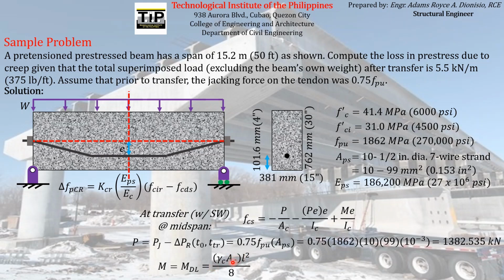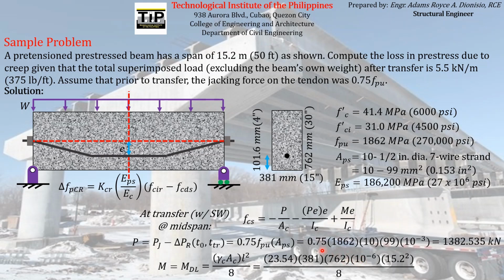So with that, substituting the corresponding values, L is given 15.2 meters. Unit weight of concrete, as we all know, 23.54 kilonewton per cubic meter. Area of the concrete is just the product of the dimensions, 381 and 762. But we have to convert them into meters for consistency of units.